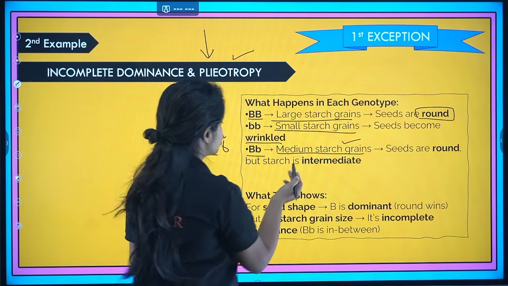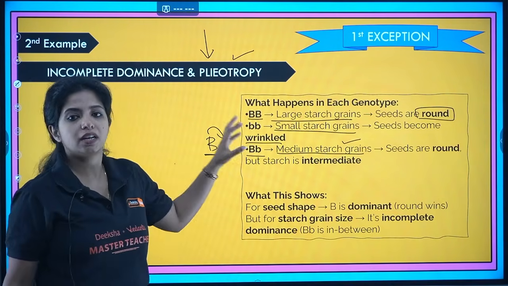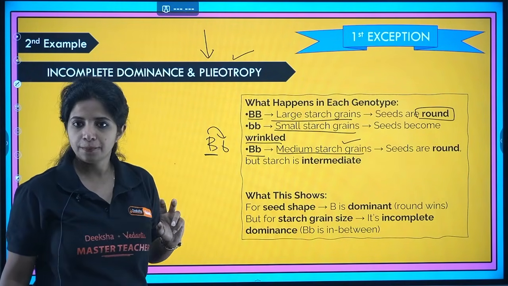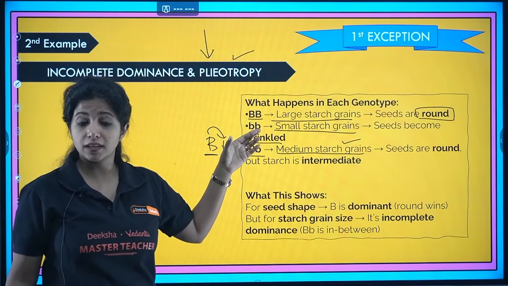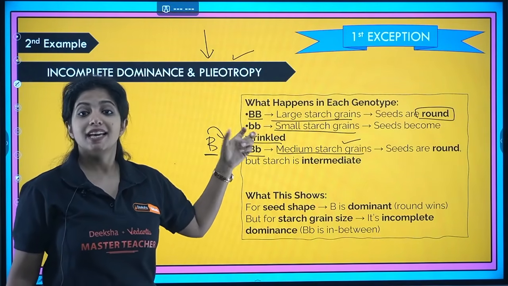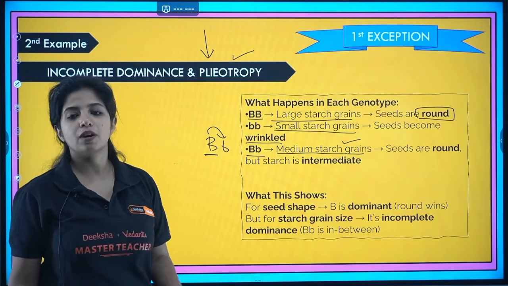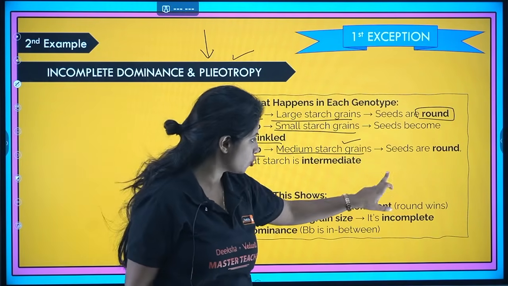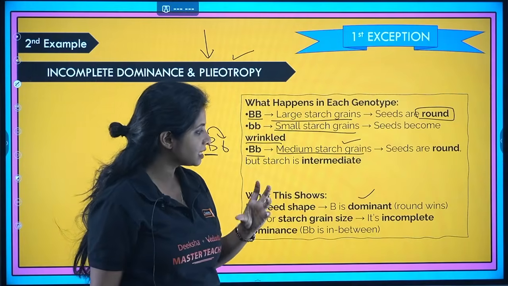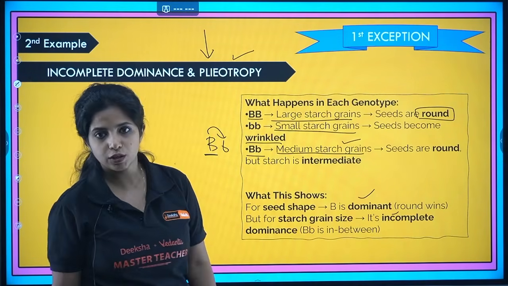What about the seed shape? In seed shape, my dear children, it is still round because capital B is dominant there. So when you talk about shape, yes, capital B is dominant. When you talk about the size, capital B is incompletely dominant over the small b. So what does it show? For seed shape, capital B is dominant, but for starch grain size, it is incomplete dominance that you see.